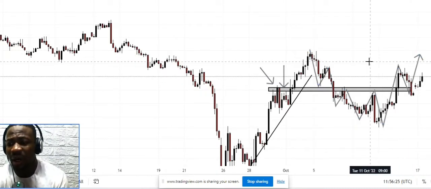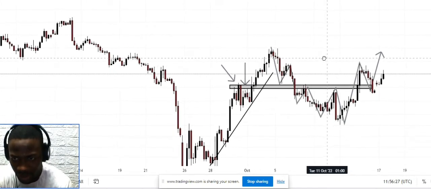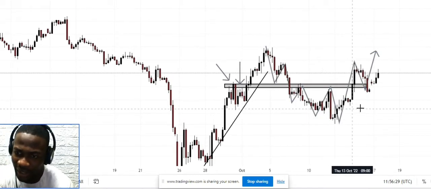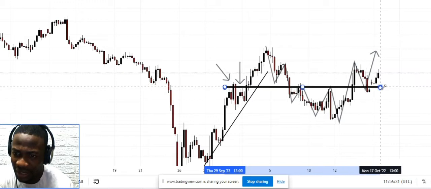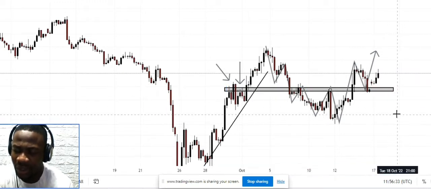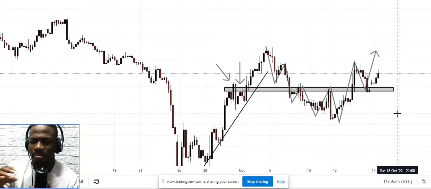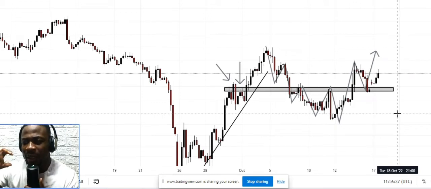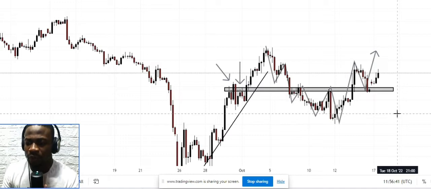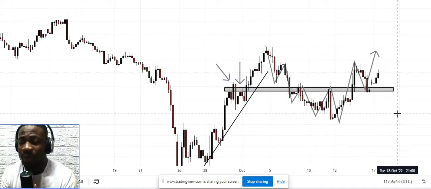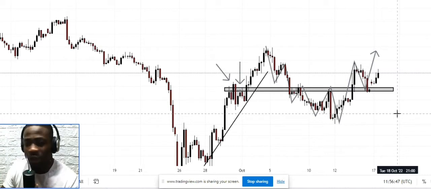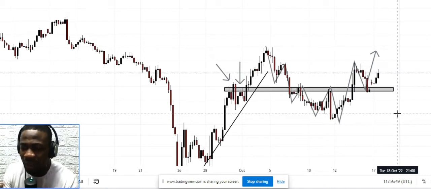Now, does this mean this trade is going to be a winner? No, it does not. It could be a loser again, guys. This is a break and retest strategy. In other words, every single strategy has wins and losses. You get people that trade breakouts, people that trade Fibonacci, people that trade the consolidation concept, liquidities, whatever the case may be.